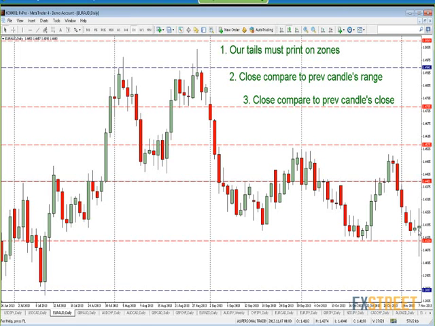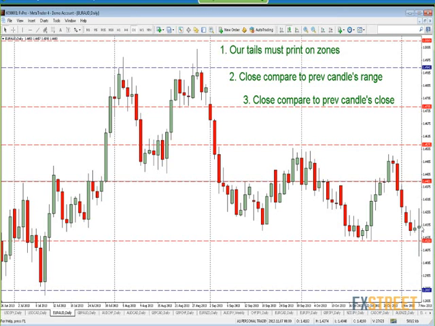This is good. The bulls are in control. Now, the other thing I'm looking for in a reversal tail is that it's got to be in a zone, it's got to be in the previous candle's range, and it's got to be good compared to the previous candle's close. This is a higher close than the last candle. So the bulls are marking their territory here, and it looks pretty good for the bulls, right?